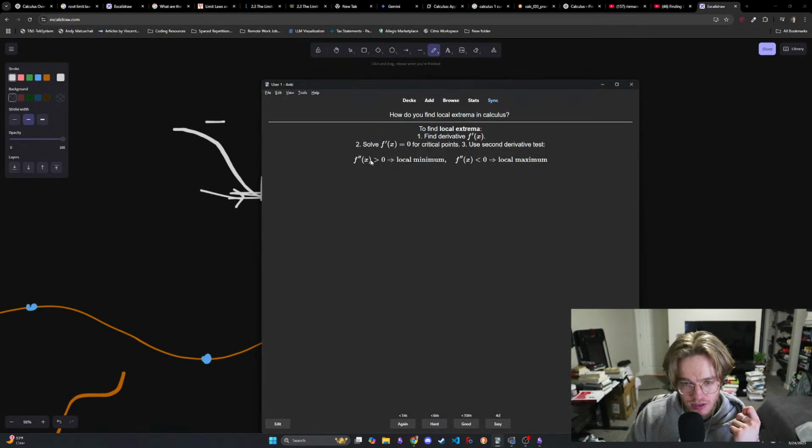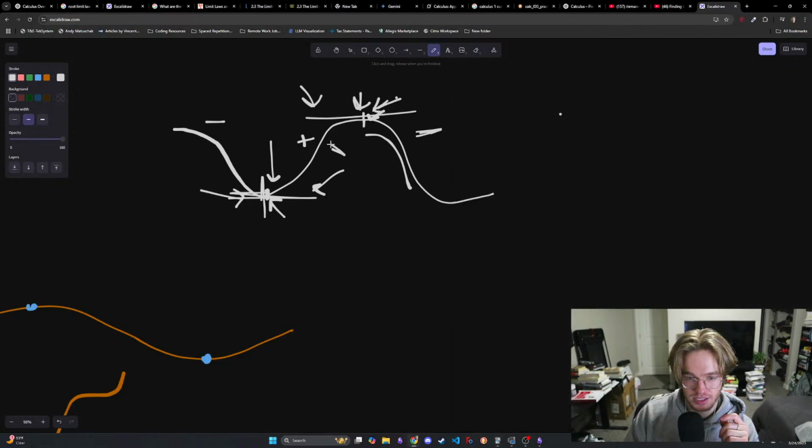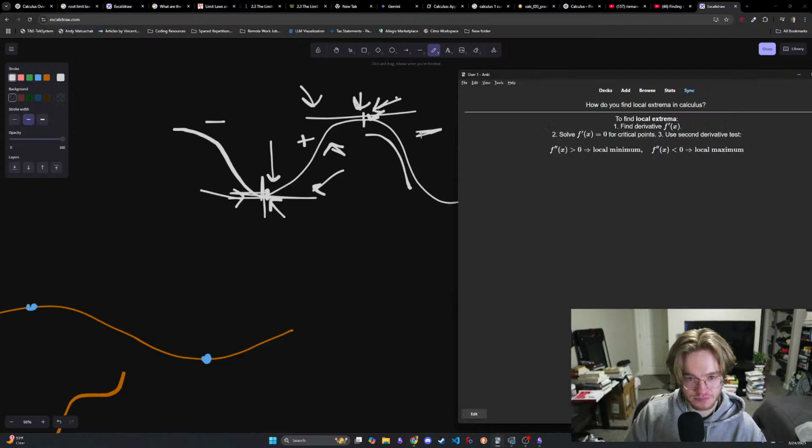So this is when it's greater than 0. And additionally, if this function was really high, it means we're increasing in slope, and then as it tapers off, it goes back to 0.